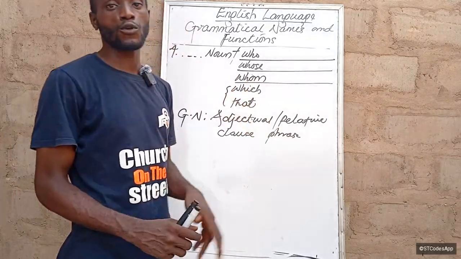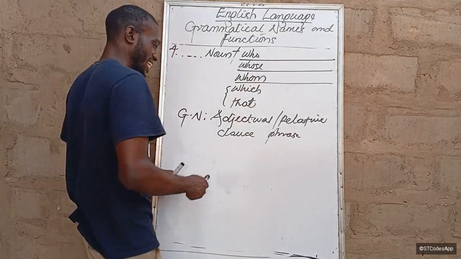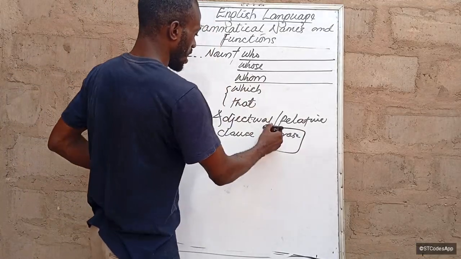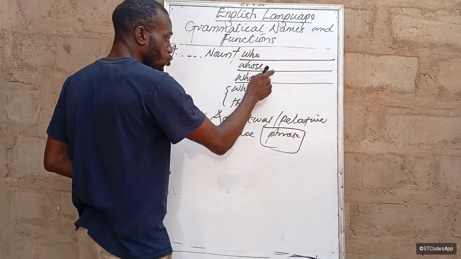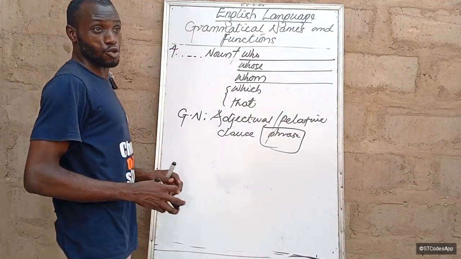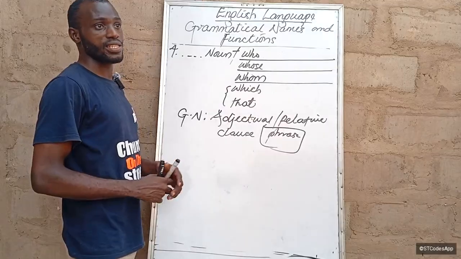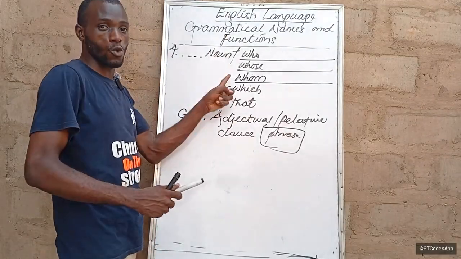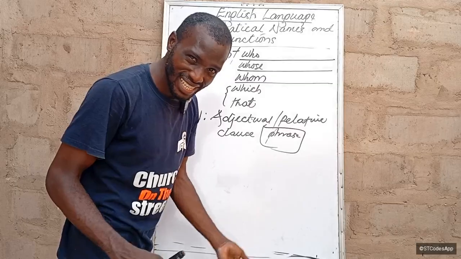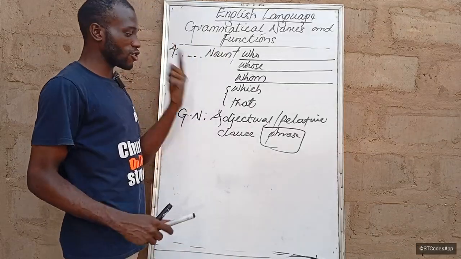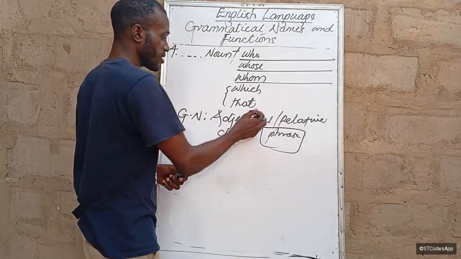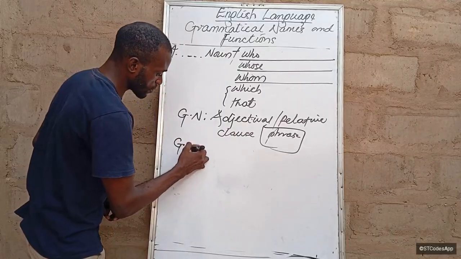Adjectival clauses are most common. So that's why it is very rare to have this, where you have who, whose, whom begin it. So usually, in most of the cases, when you see who, whose, whom underlined, the answer is going to be adjectival or relative clause. Now, what will be the grammatical function?